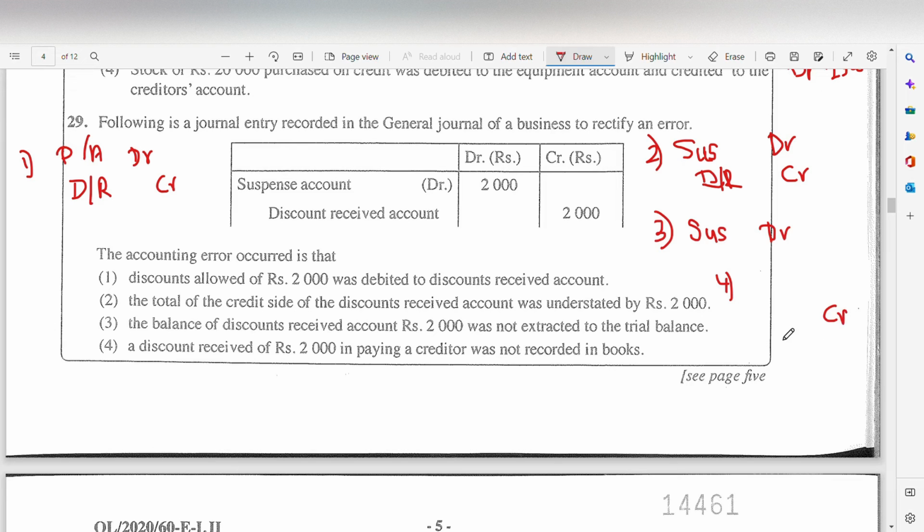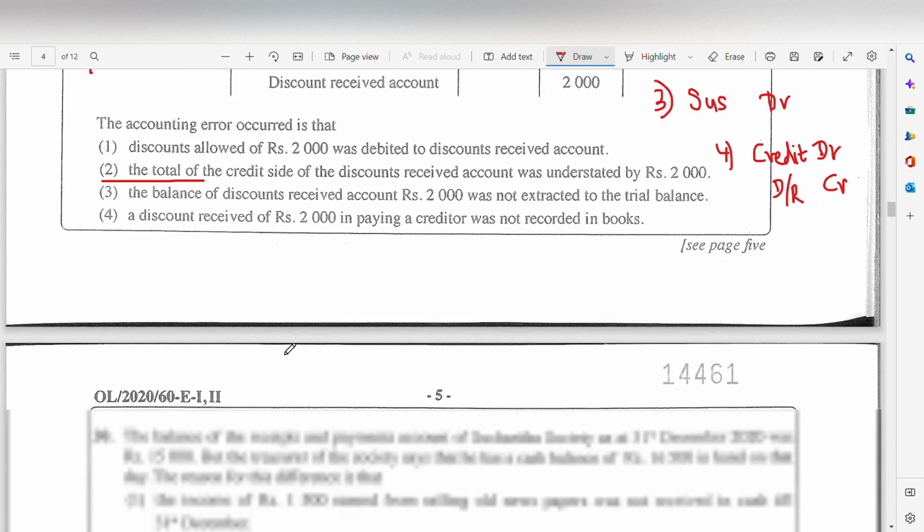You will credit your discount received account, and where do you put your debit? Your debit entry will be in your creditors account. Because you have omitted this transaction, you will have to record it separately. So your creditors account will be debited. So here answer is answer 2.